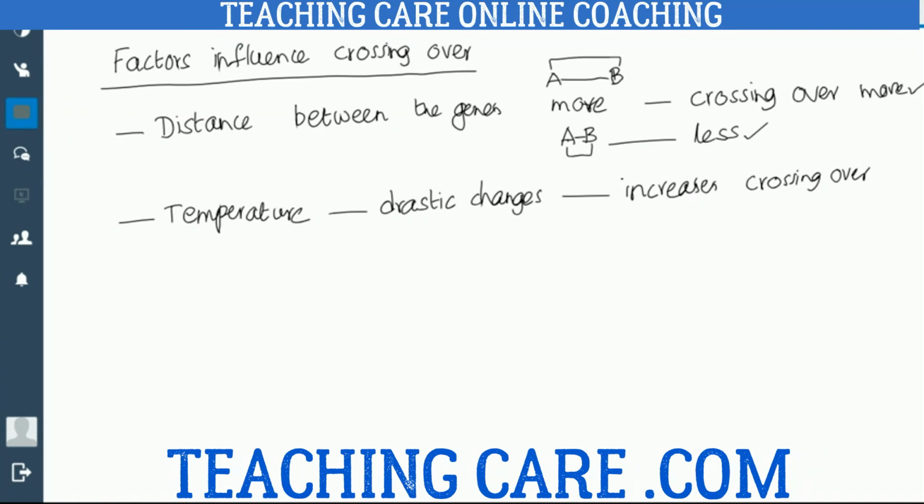Okay, drastic changes means, for example, suppose in summer it is 50 degrees centigrade and suppose in winter it is minus 10. There is a lot of difference in the temperature.